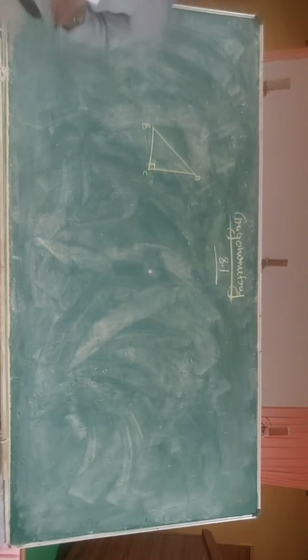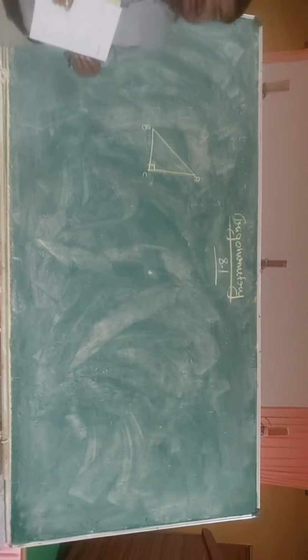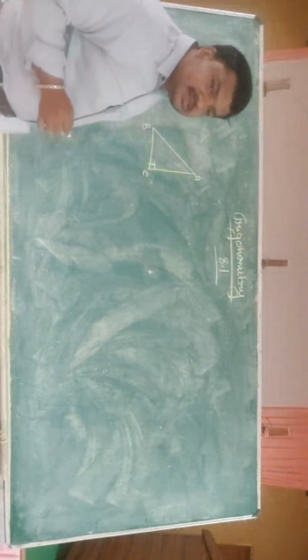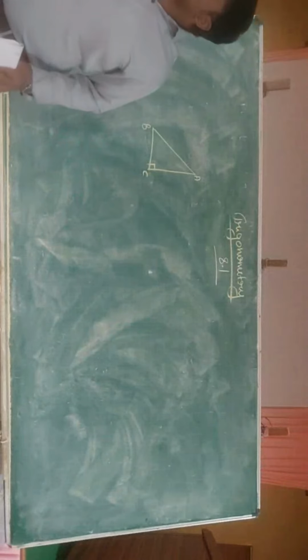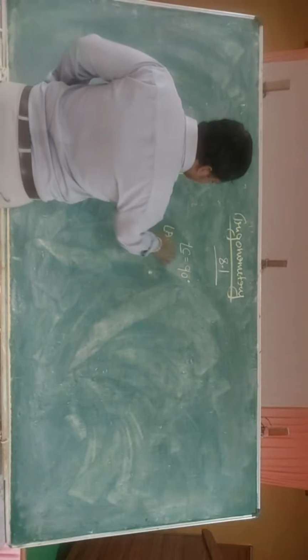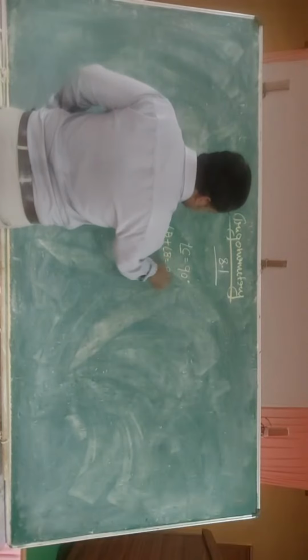So what is the angle sum property of a triangle? 180 degree. If angle C measures 90 degree, what about the other two angles? Sum of the other two angles is also 90 degree. According to this question, I can say that angle C is 90 degree and the sum of angle A plus angle B is 90 degree.